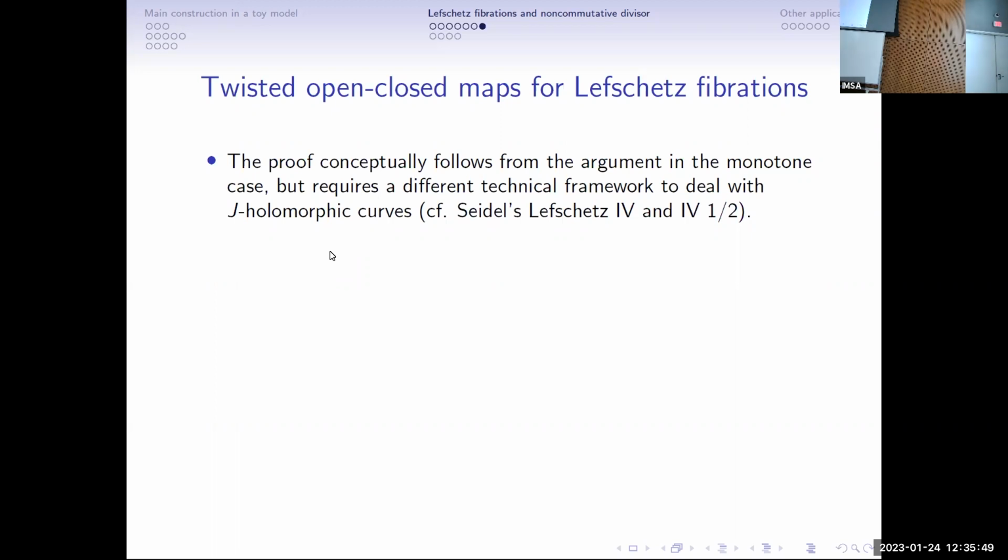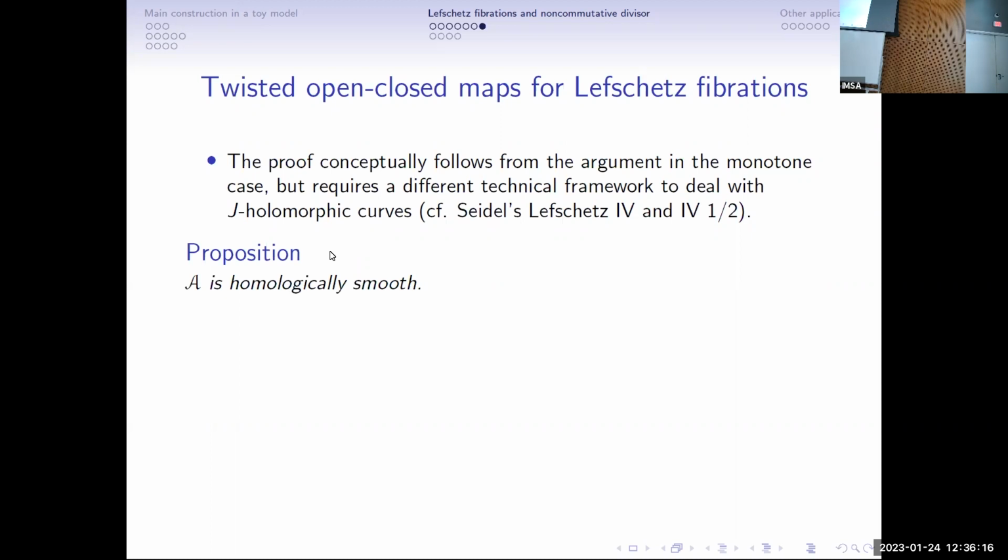And that's actually the only new thing to be added in the case of Lefschetz fibrations. Some kind of argument of this form already appeared in Seidel's papers on Lefschetz fibrations. This part is written in the paper.